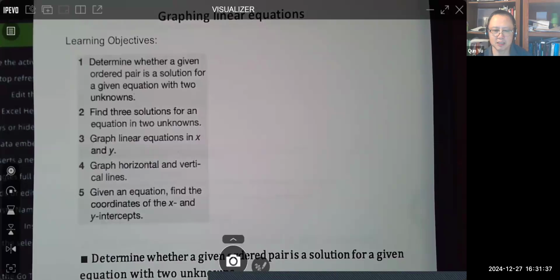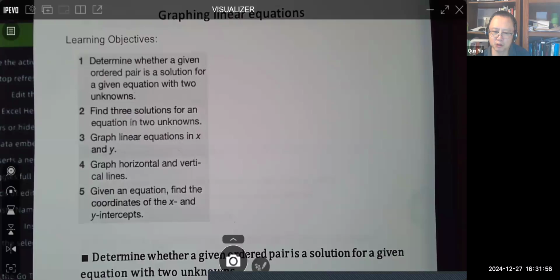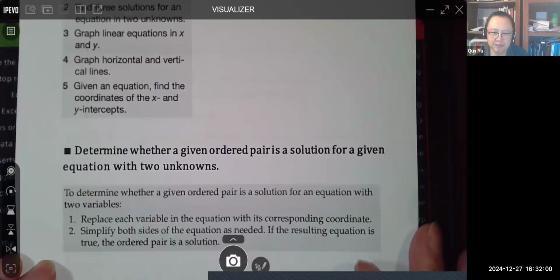Finally, we're going to look at how to find x and y intercepts if we are given an equation, because the graph of the equation will intersect with the axes in the coordinate system, and we want to be able to identify the x and y intersection points. Okay, let's do it one by one.